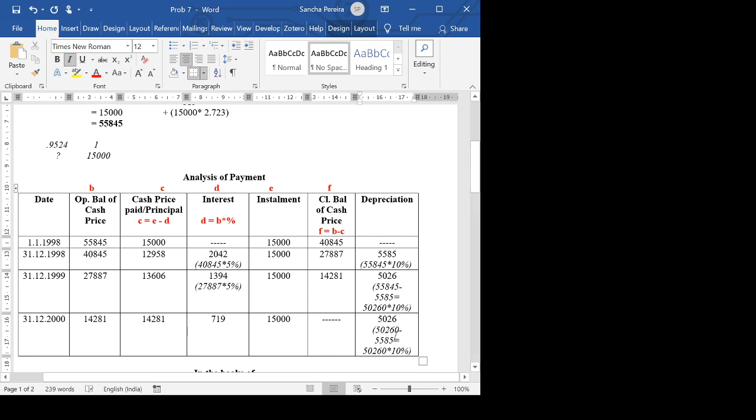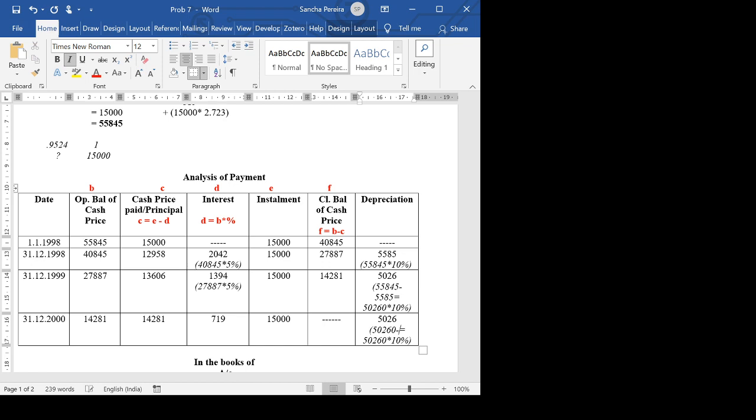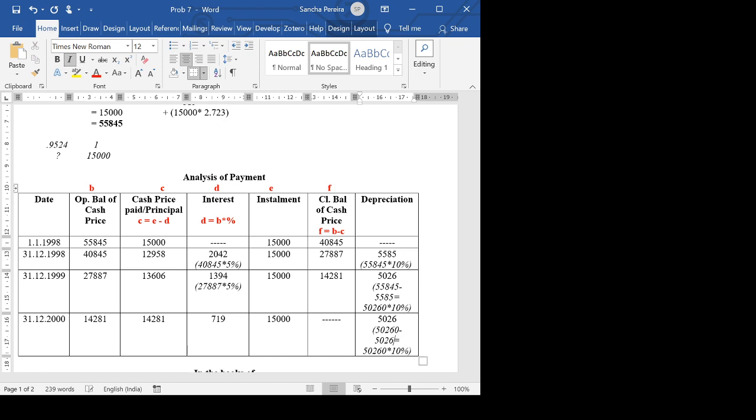Previous year's is 5026, and that gives you 45,234. So the depreciation here will be 4523.